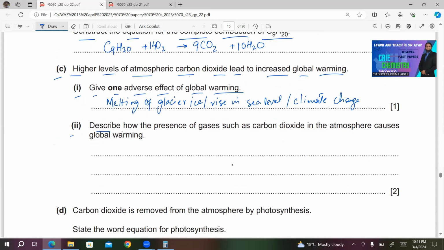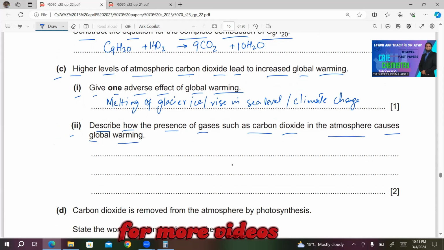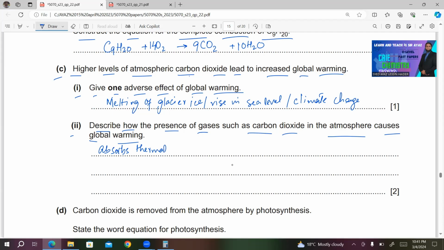Number 2, describe how the presence of gases such as carbon dioxide in the atmosphere causes global warming. Carbon dioxide absorbs thermal energy from the earth and reflects it back to the earth. So in this way, it stops the loss of thermal energy into space. Absorbs thermal energy, emits thermal energy towards earth.